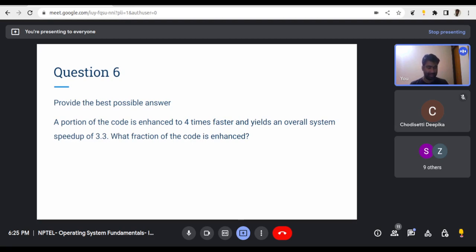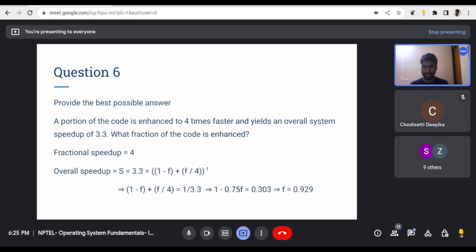Okay, anyway, let's get to the answer then. The fractional speed up that is given is 4 and the overall speed up that is given is 3.3. So let's assume that the fraction that was sped up was f. If you replace f in Amdahl's law, you get 1 divided by (1 minus f plus f by 4) equals 3.3.